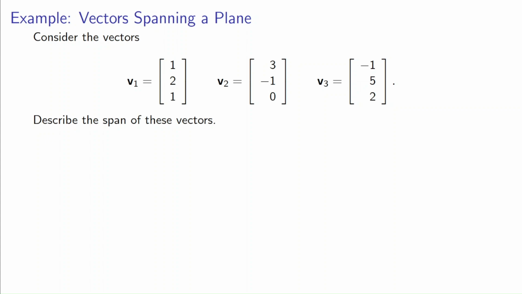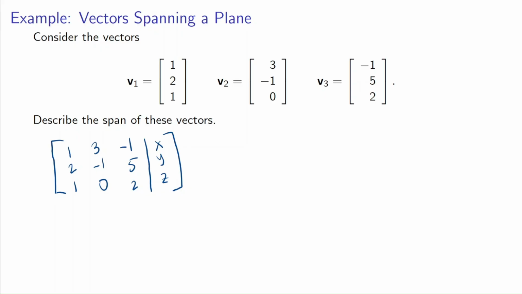We want to describe the span of these vectors, and we showed in a previous section that one way we can do that is by setting up this matrix whose columns are given by these vectors, and we're going to augment this with a general vector x, y, z to see what vectors of the form x, y, z we can actually get to by taking linear combinations of our vectors.